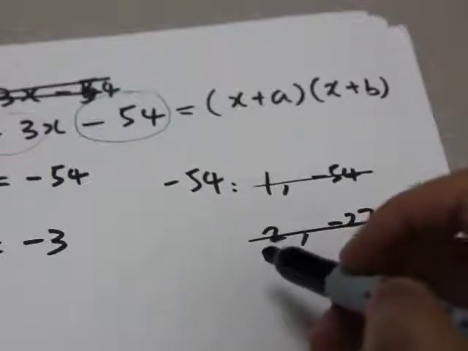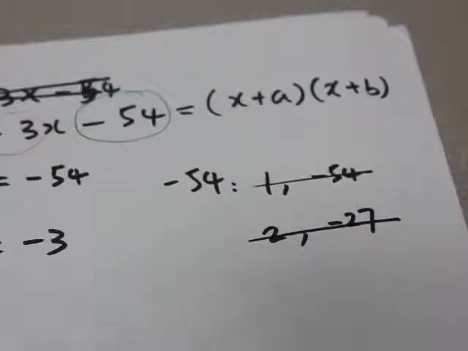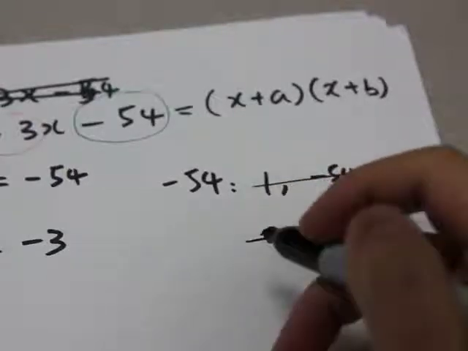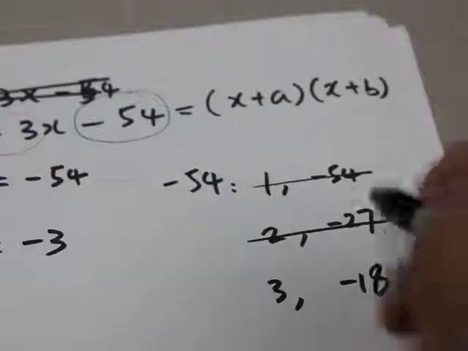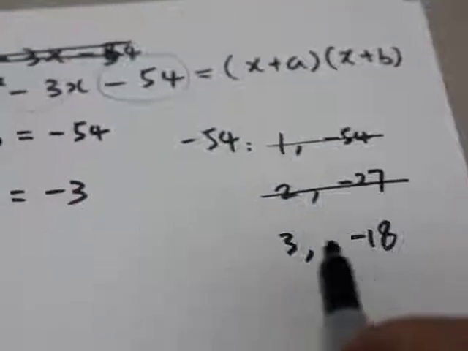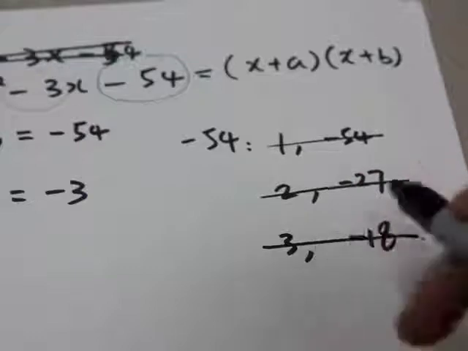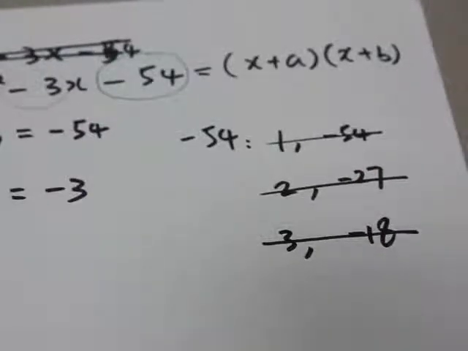Now negative 54 is not divided by 3, right? Oh, sorry. Negative 54 is divided by 3. It's 3 and negative 18. And the sum is not negative 3, so we continue.